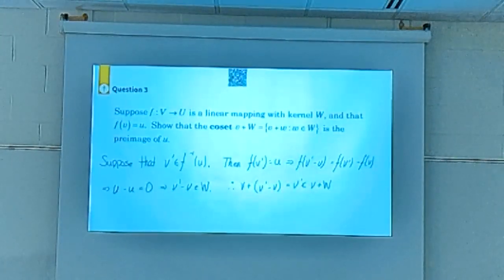But that means that v prime is in the coset, right? So you can go v plus v prime minus v. Has to be in the coset, right? Because that's the definition of coset, isn't it?